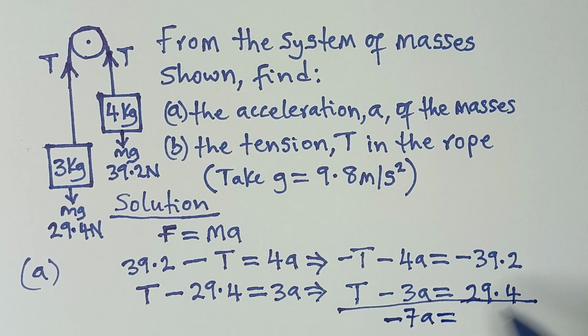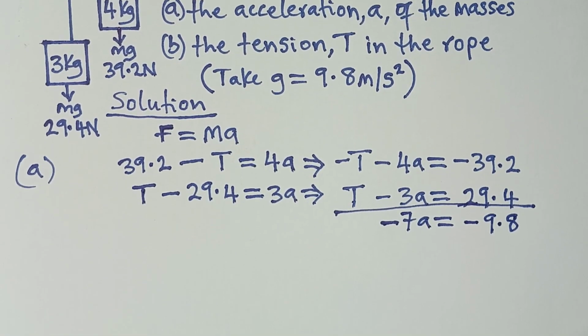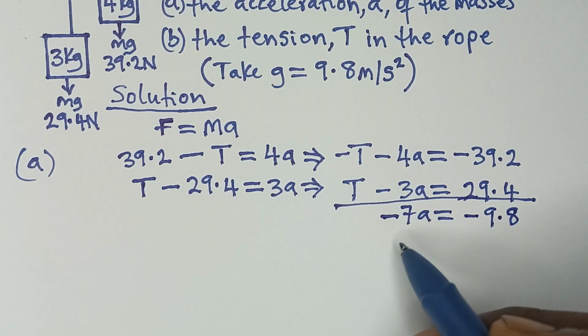And that will be equal to negative 39.2 added to positive 29.4 will give us negative 9.8. So in order for us to get the value of A, we simply divide both sides by negative 7.